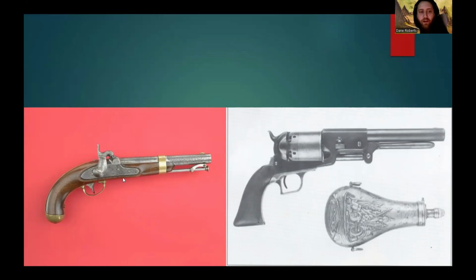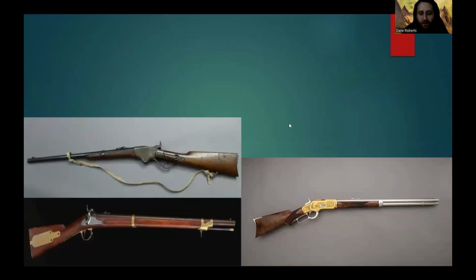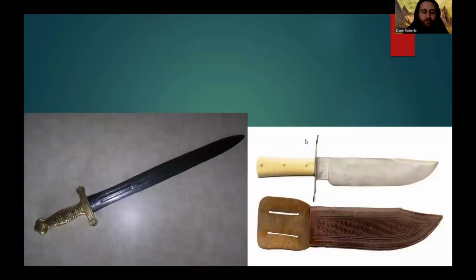Of course, starting with single shot muskets and pistols that were either flintlock or percussion cap, as seen here, before eventually transitioning into various types of revolvers, such as the Colt revolver seen here, with rifles being similarly varied, starting off with muskets and percussion cap rifles, such as this one seen here, before transitioning into repeating rifles, such as the Spencer repeating rifle and eventually the Winchester rifle.